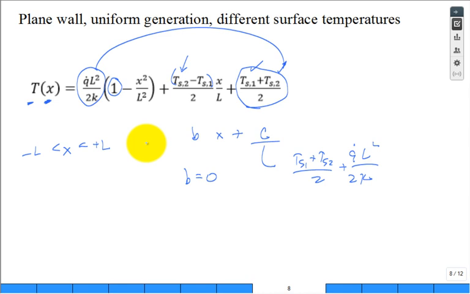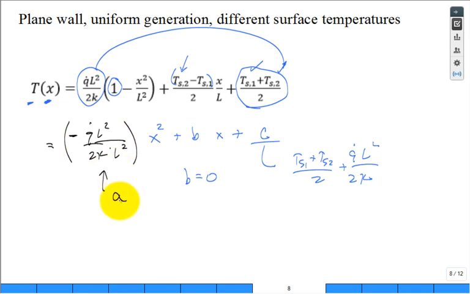Okay, but what about my x squared term? Let me make some room right here. Don't I pick up a Q dot L squared divided by 2K L squared with a minus? Isn't that my A? Do you see that?